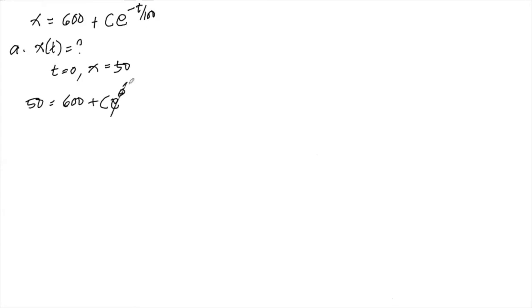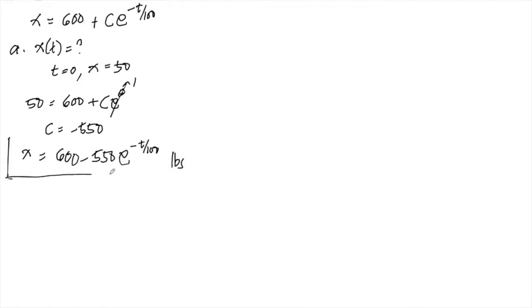E raised to 0 is 1. So c is equal to 50 minus 600. It's negative 550. So x of t is equal now to 600 minus 550 times e raised to negative t over 100. The unit is in pounds. So you enclose this as your final answer.